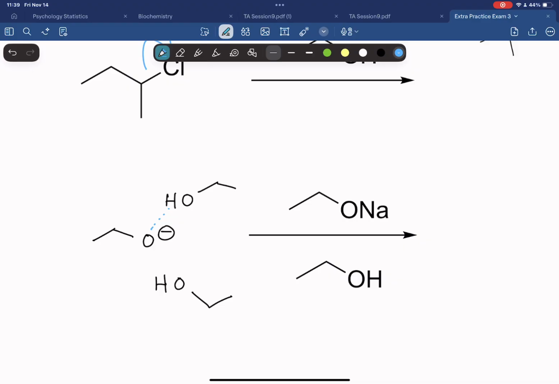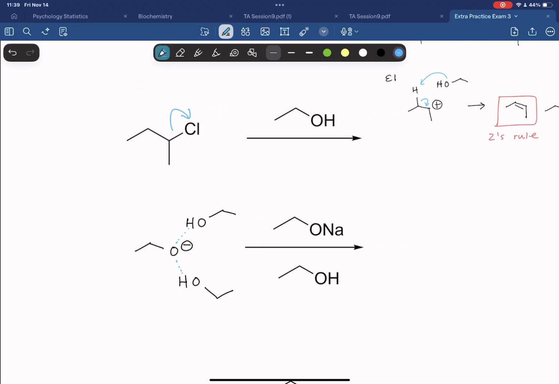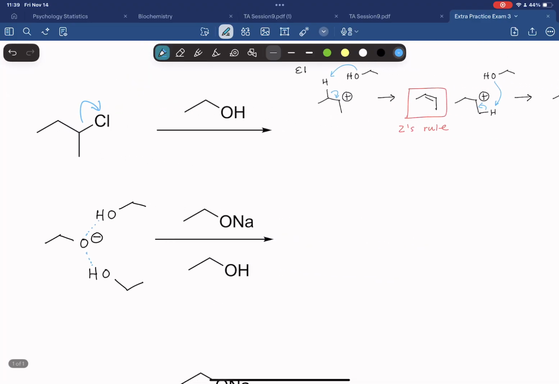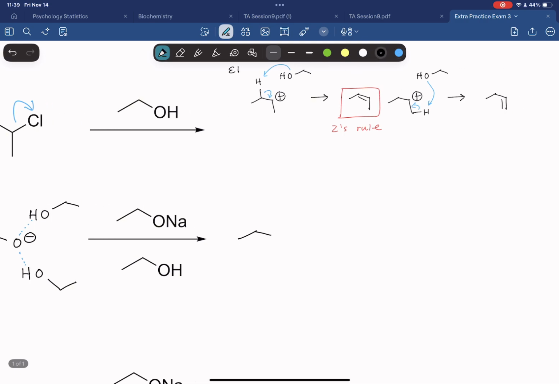We see we have these hydrogen bonding interactions between our nucleophile and our solvent. So this cages our nucleophile, making it not as good as it could be.